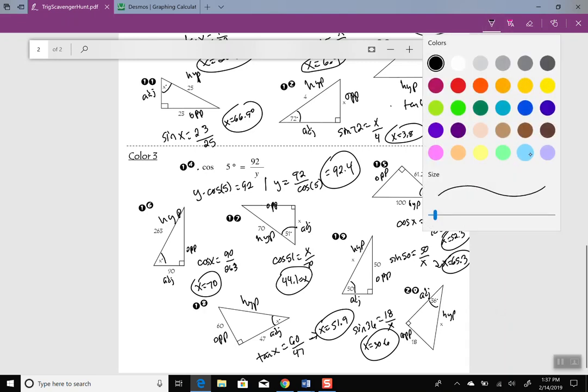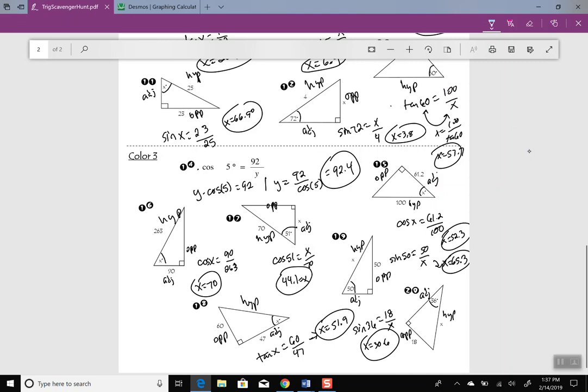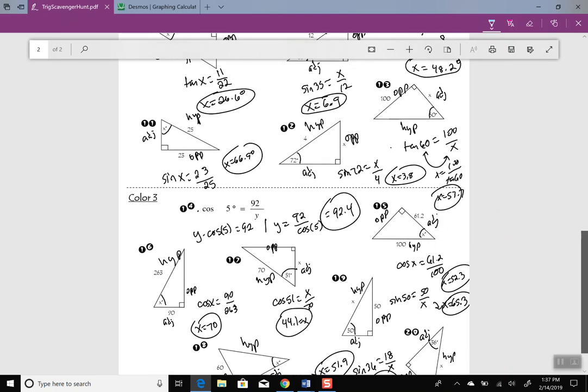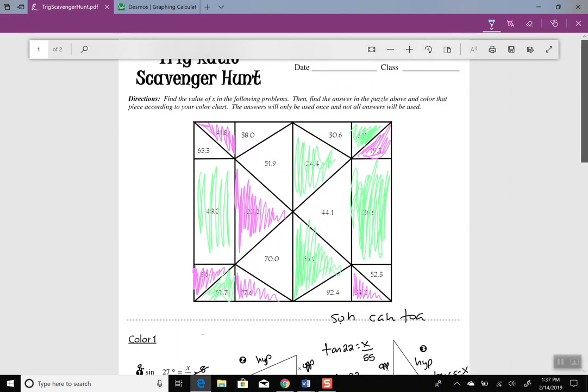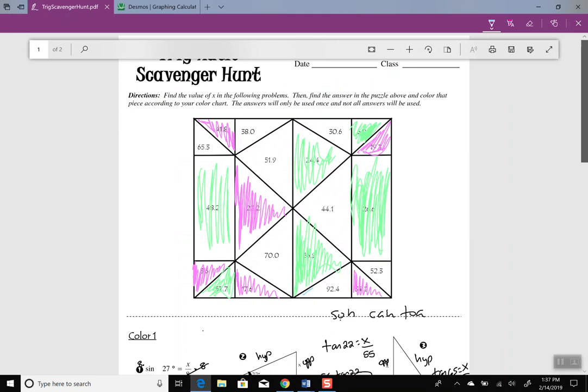Alright, so let's go with the nice pastel blue. Pastel? Who knows? 92.4 and 57.7. 92.4 right here.